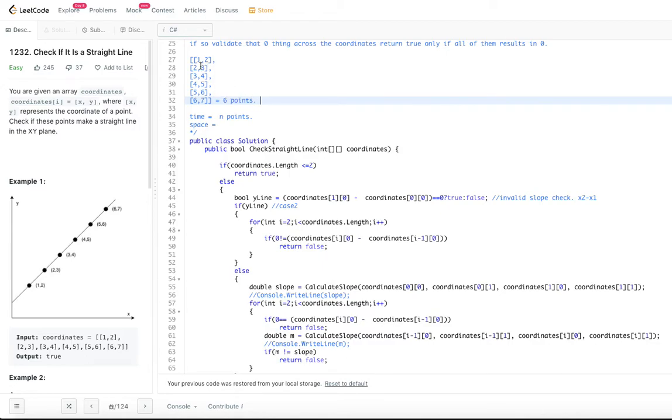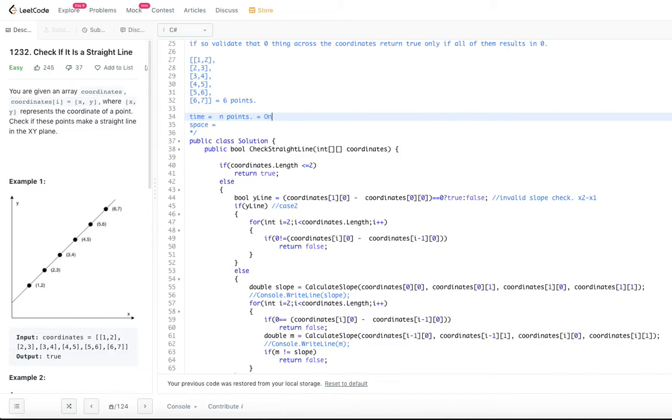Each point has 2 things, x and y, so that means 12 numbers in total, but since they are points, we are going to say n points. If there are n points, we are going through the entire n points one time through this for loop, or even this for loop. So the time complexity for this algorithm is order of n.